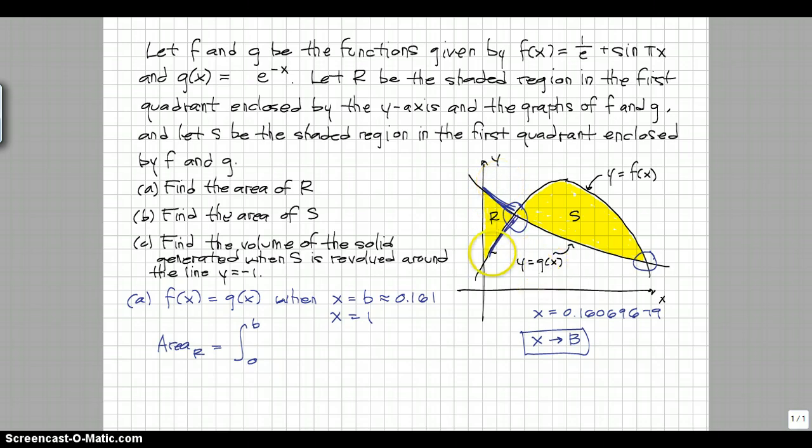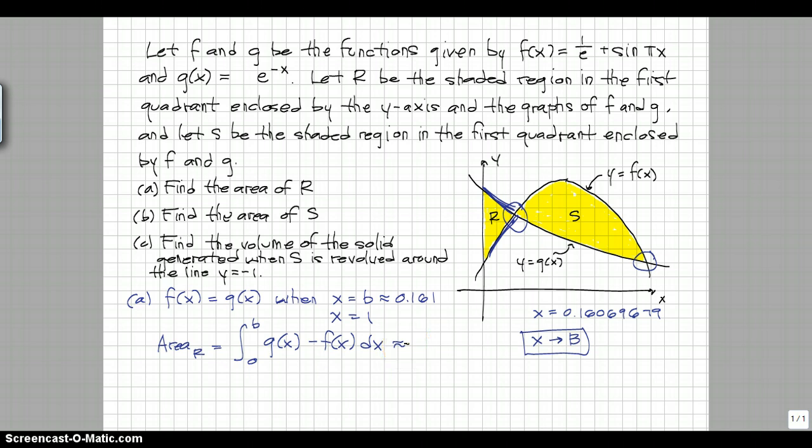The bottom function is f of x. So I need to make sure I'm writing the subtraction in this integrand in the right order. So I have g of x minus f of x dx.